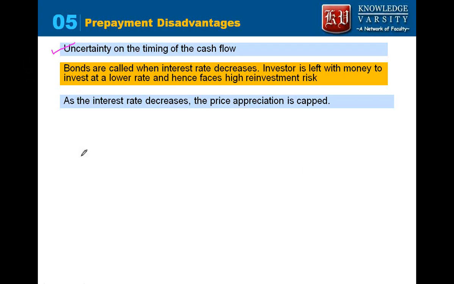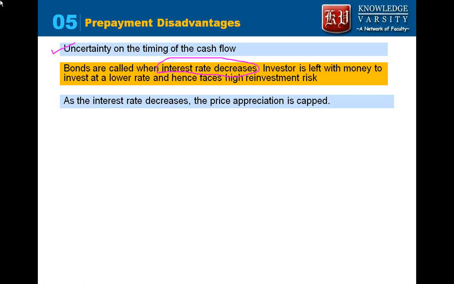Also, the next one is, bonds are usually called, or people usually prepay, when the interest rate decreases. Why when the interest rate decreases? People can issue another bond at a lower interest rate, right? So they can prepay. Usually when you have taken a home loan from State Bank, you will go to ICICI Bank, get the issuance at a lower rate and prepay.